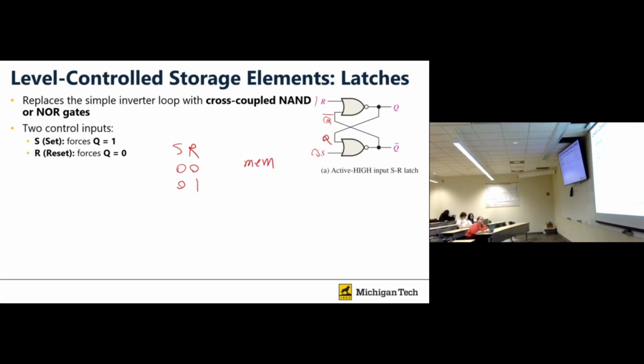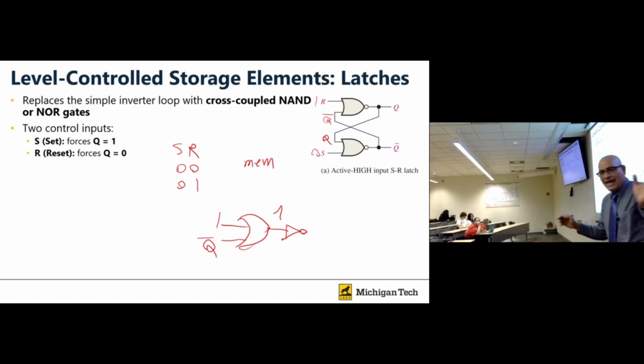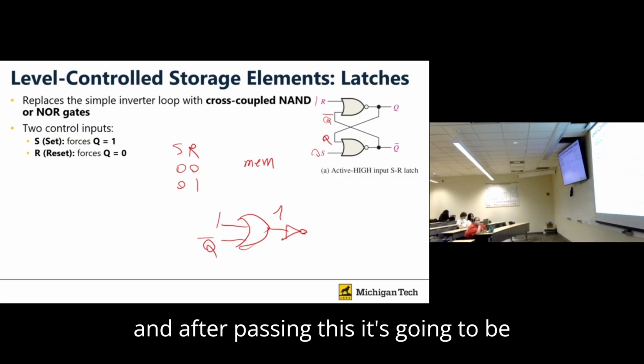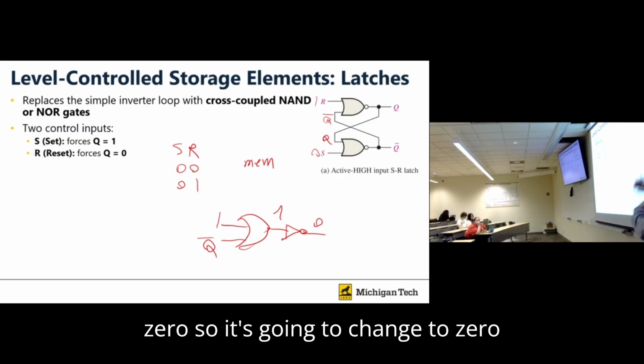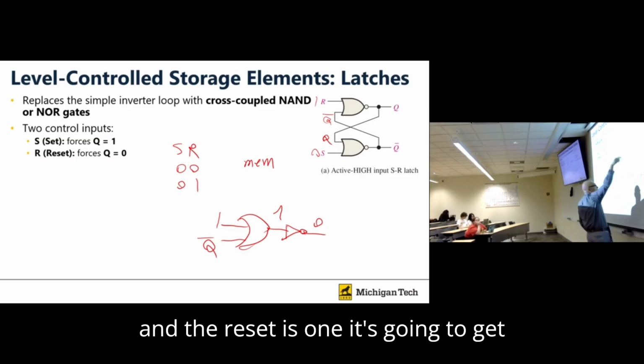Because with OR and NOT, when this is 1, whatever Q is, it's going to make it 1. Don't care about the Q. And after passing this, it's going to be 0. So it's going to change to 0. That's why we call that reset. When the reset is 1, it's going to get reset.